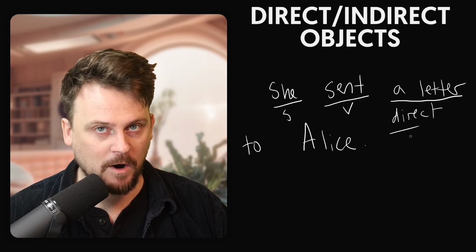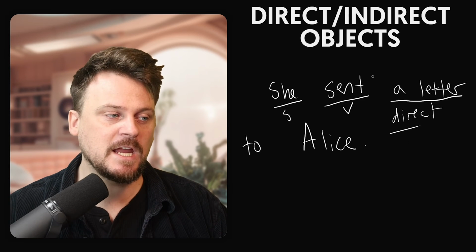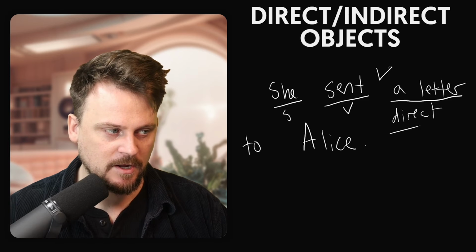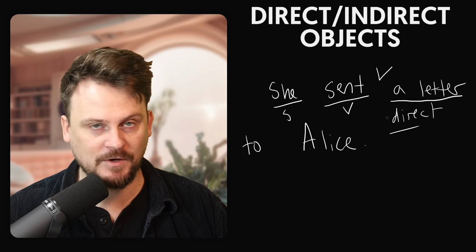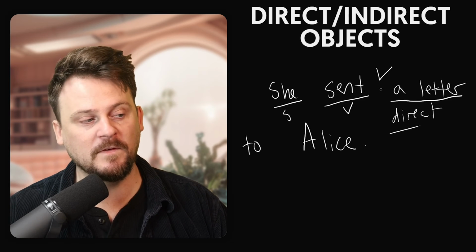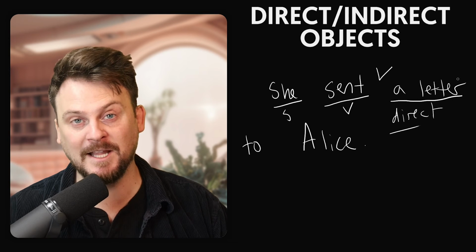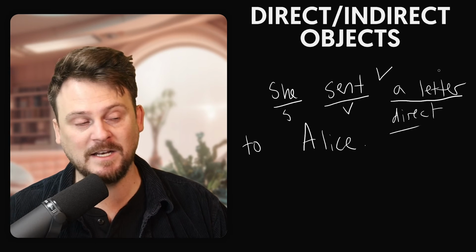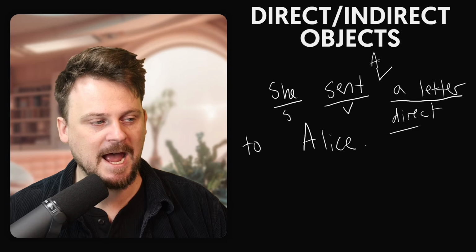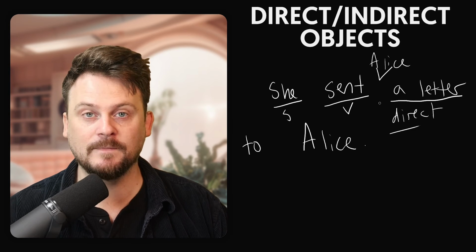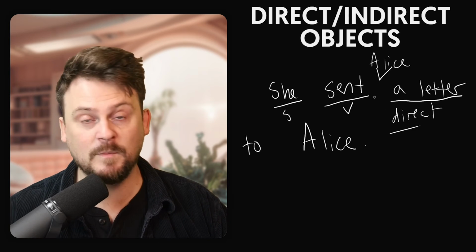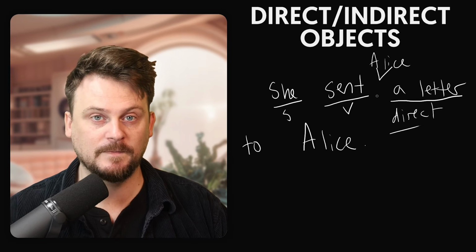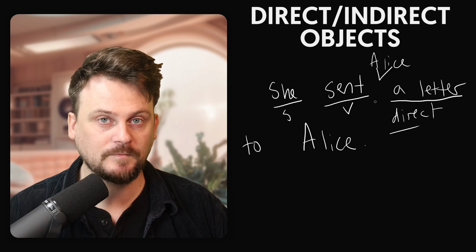And now before, we had the indirect first here, and then the direct. So before it was she sent Alice a letter. Would that be correct if we said she sent Alice a letter? Yes, that would be perfectly correct. She sent Alice a letter.